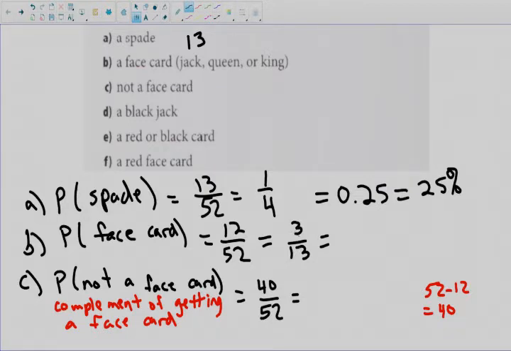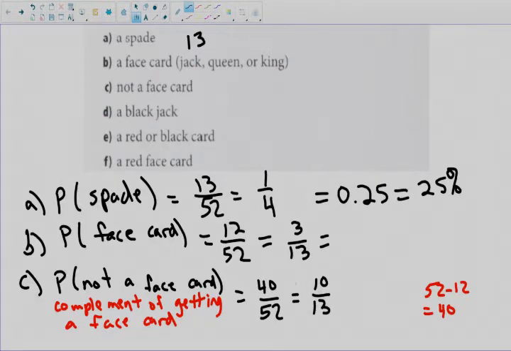Well, the difference would be 10. So we know that 10 out of 13 would be the complement of 3 out of 13, just like 40 out of 52 is the complement of 12 out of 52. And it just so happens that if you divide the top and the bottom by 4 here to simplify the fraction, you will get 10 out of 13.